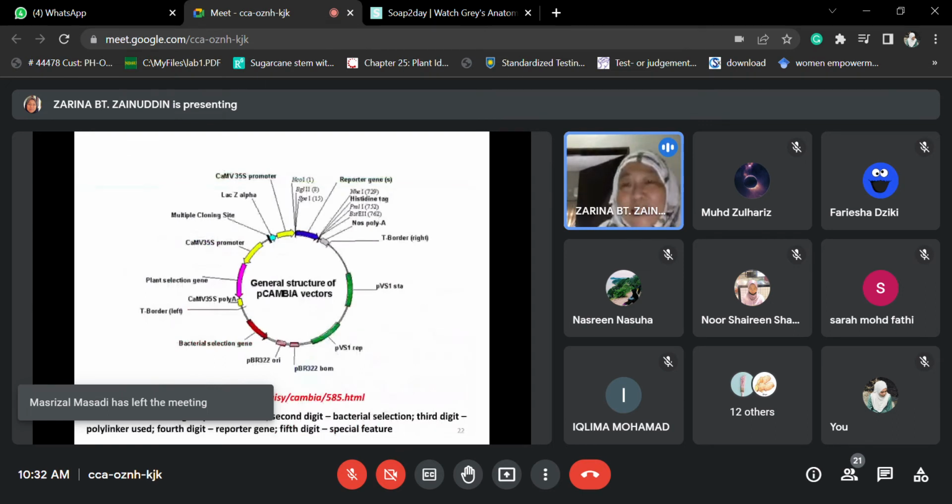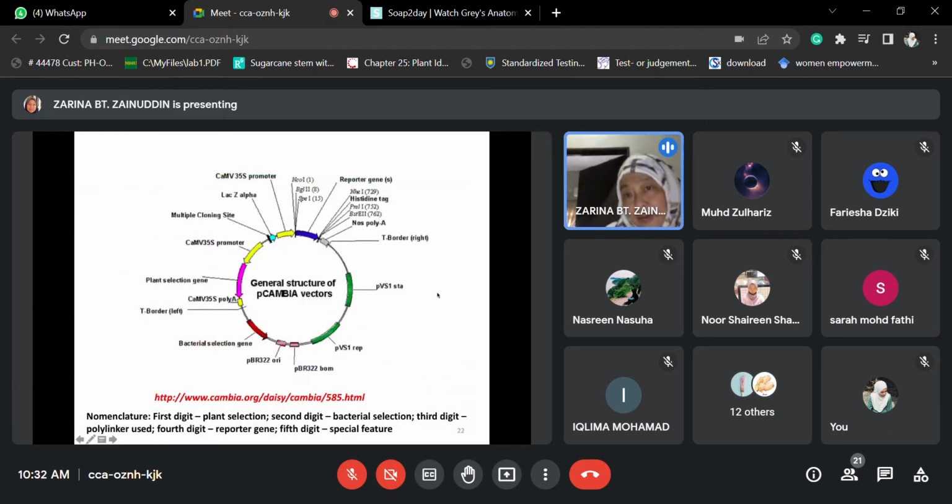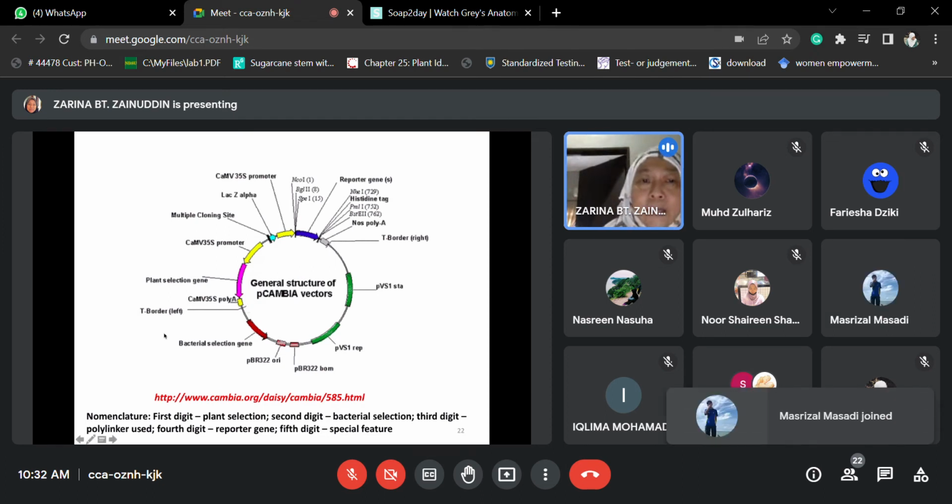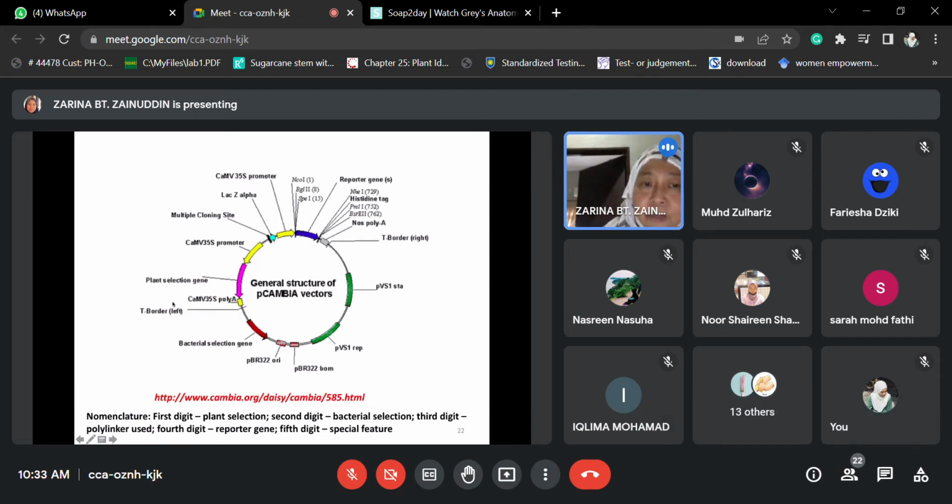Okay, so this is example yang hari tu kita guna untuk kita punya transformation, P-Cambia vector. As you can see, P-Cambia vector is actually binary vector because you cannot see the virulent region. Virulent region is located on another plasmid. Okay, like I said, any gene of interest should be located between the tDNA region. So this tDNA region is being flanked with T border left and T border right.